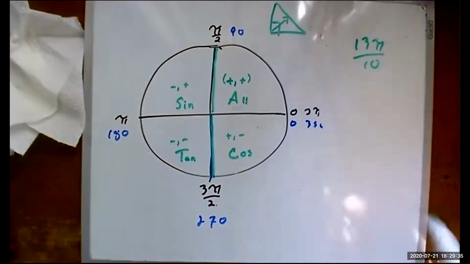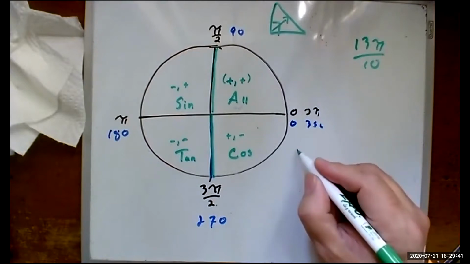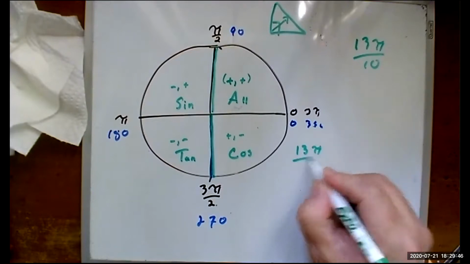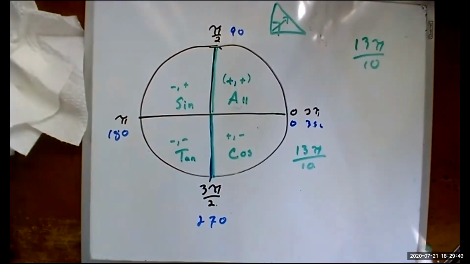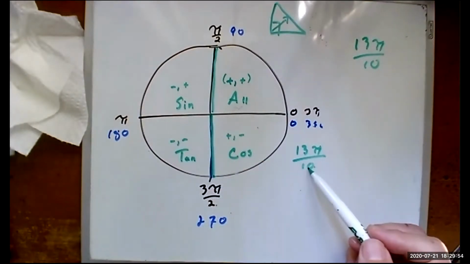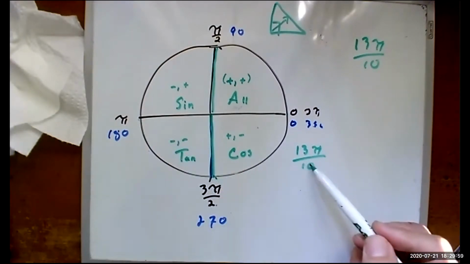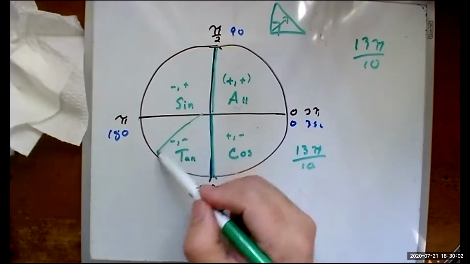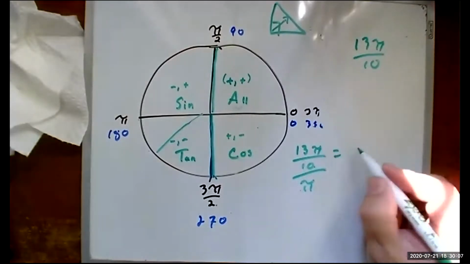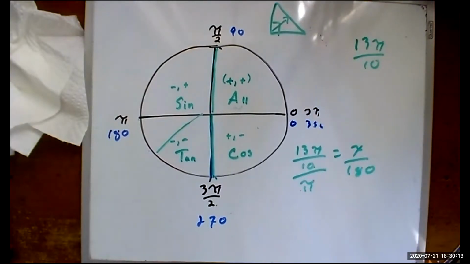So given 13 pi over 10, our easiest course of action is first and foremost to convert this into degrees. I know immediately, because 13 pi over 10 is a little bit bigger than 1, but not as big as 1.5, I'm going to be somewhere in quadrant 3 here. Where exactly, I'm not sure yet. But we do a quick conversion and we'll find out.